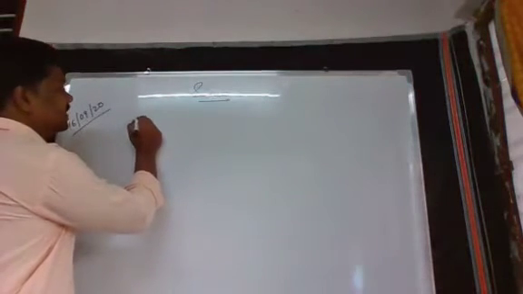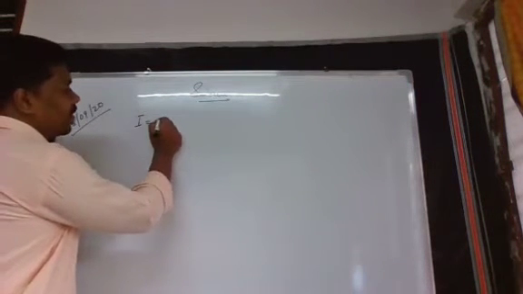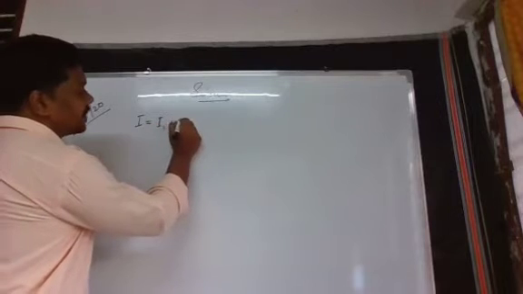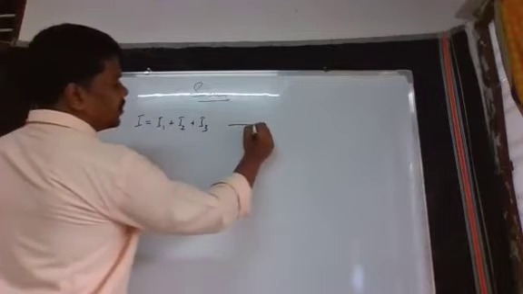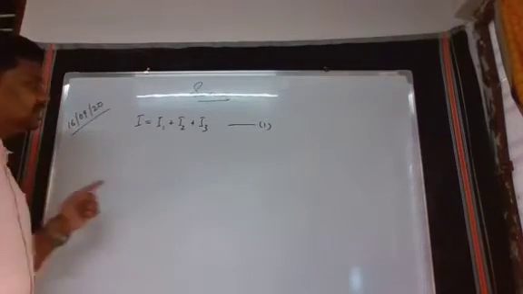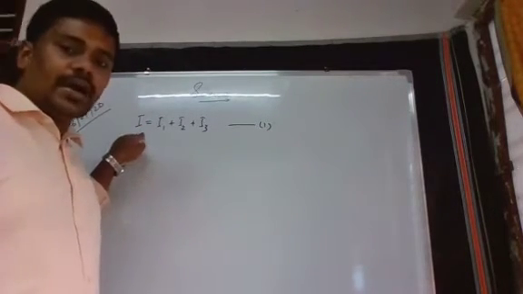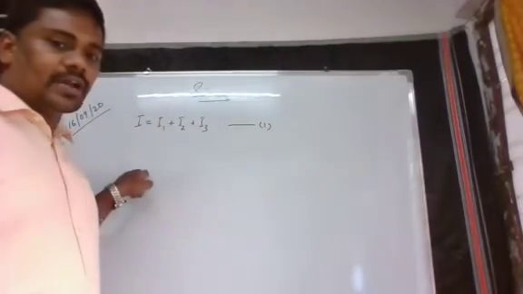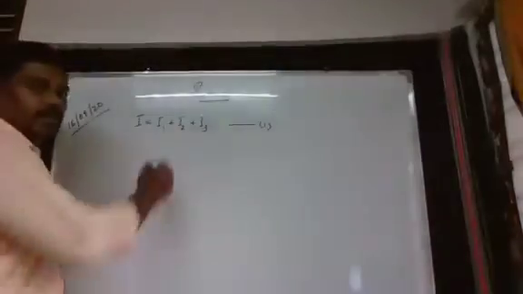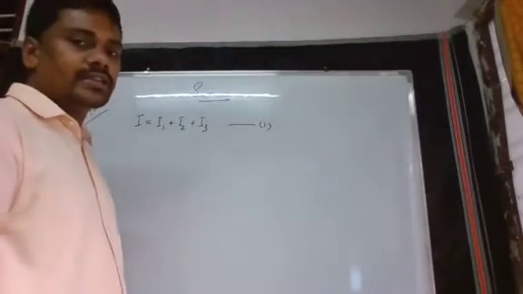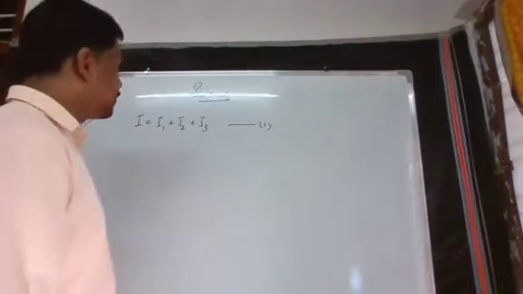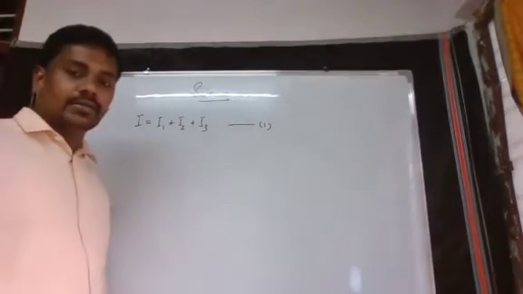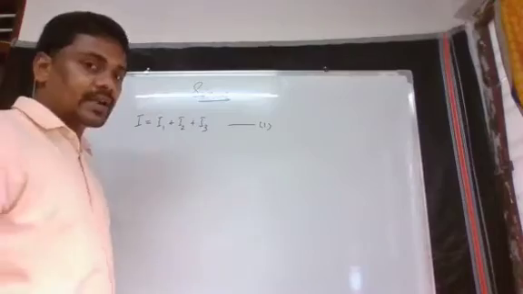Then we can write current I is equal to I1 plus I2 plus I3, which is equation 1. I is the full current through the conductor, I1 is the current through the resistor R1, I2 is the current through the resistor R2, and I3 is the current through the resistor R3.